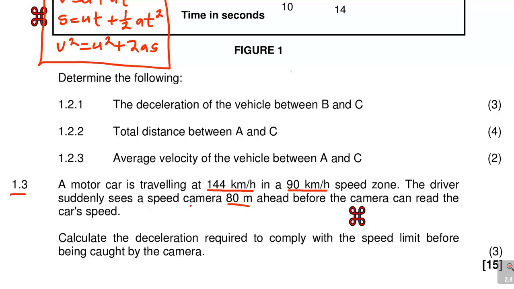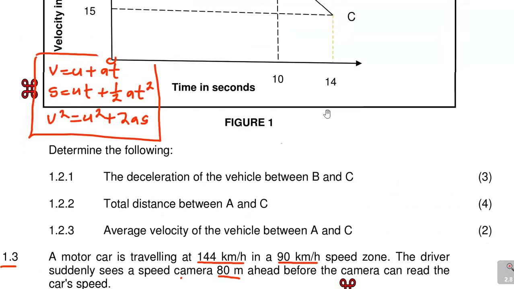So we have a motor car, or a driver here, who's traveling at a speed higher than the speed limit. So he's traveling at 144 kilometers. So maybe if I can try to sketch this to say we have someone here, so we have something like this.